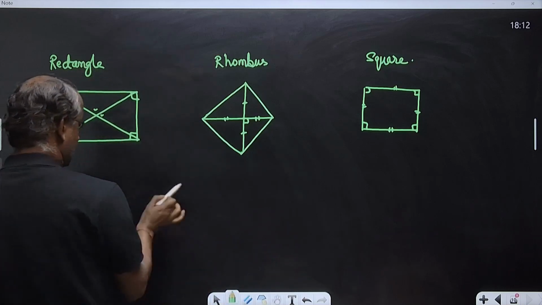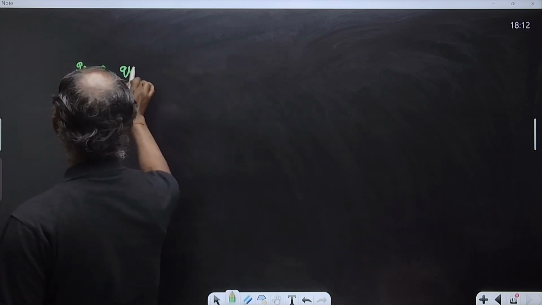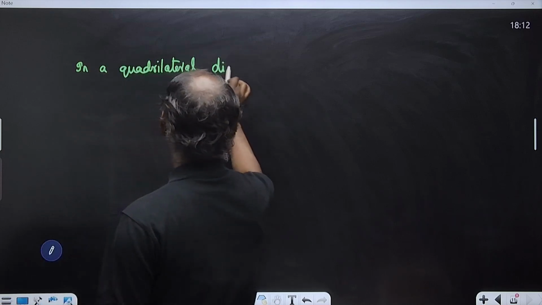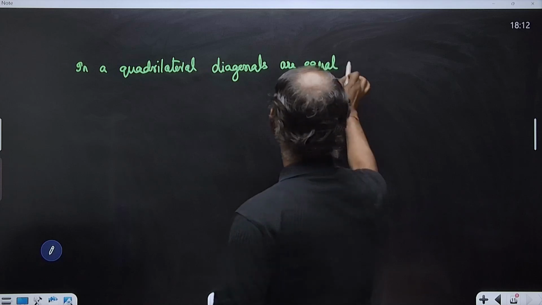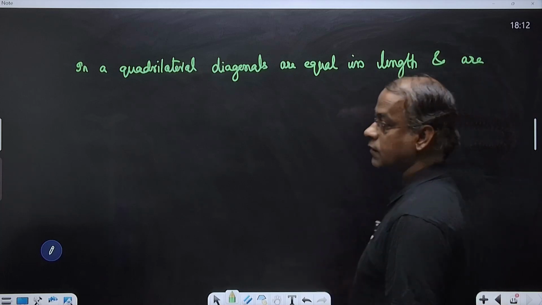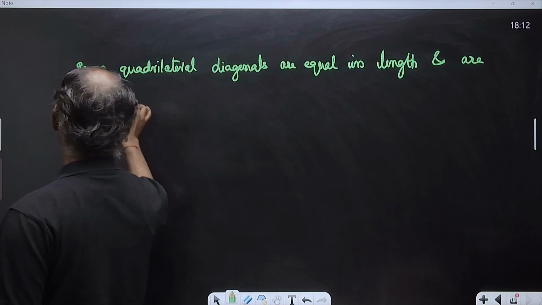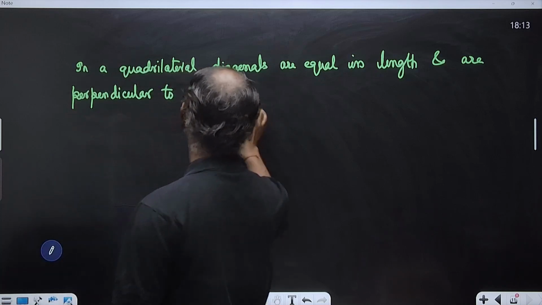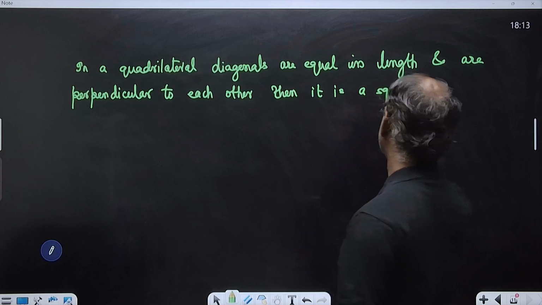Suppose somebody says, in a quadrilateral, diagonals are equal in length and are perpendicular to each other, then it is a square. True or false?